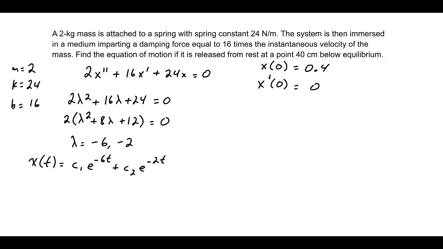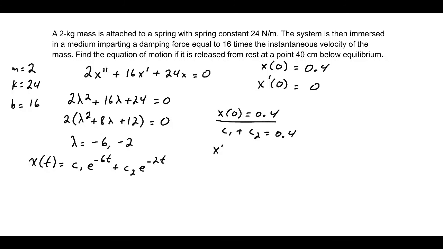Alright, well, using the fact that x of 0 equals 0.4, I have a system of equations to find c1 and c2. Using that x of 0 equals 0.4, that means that c1 plus c2 equals 0.4.